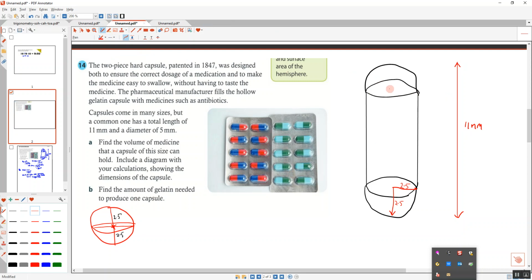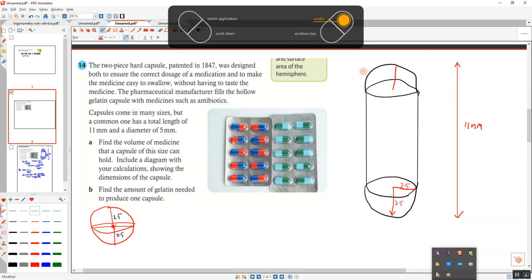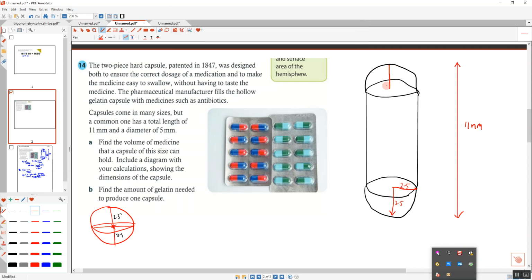The difficult thing with these questions is just realizing what exactly they are after. So again, we've got 2.5 for the height of the half of the sphere.